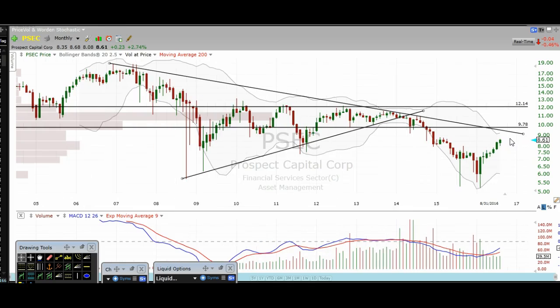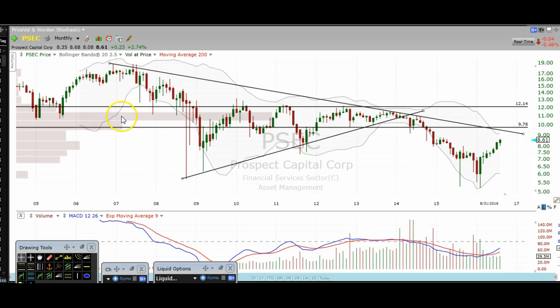And I'm going to keep it on the monthly chart just because it is a pretty nice level here. So just want to keep it here. So we've got resistance at about $10 or so, just below $10 from the downtrend line. You can see that it started right here, touches, and then we're coming up to that level right now.